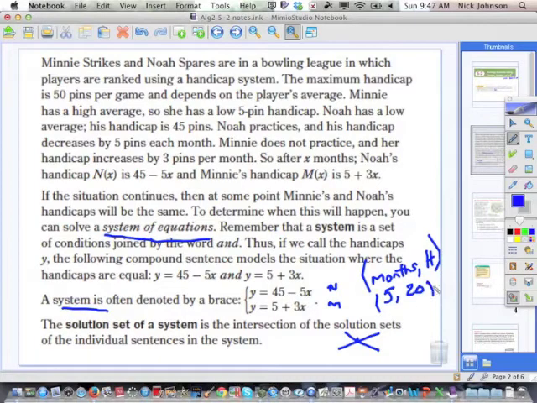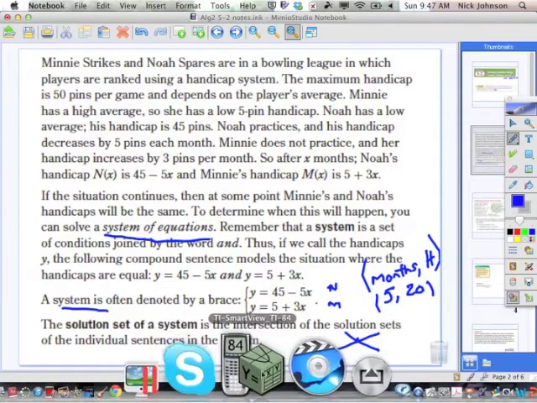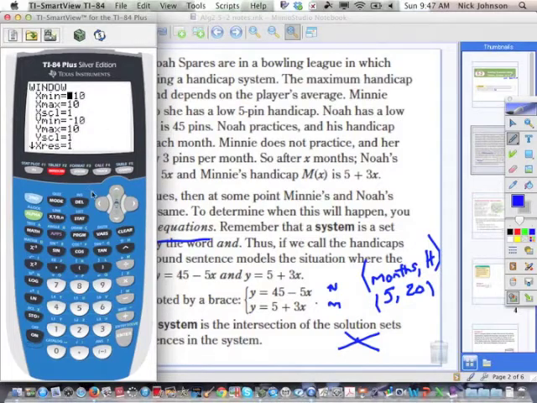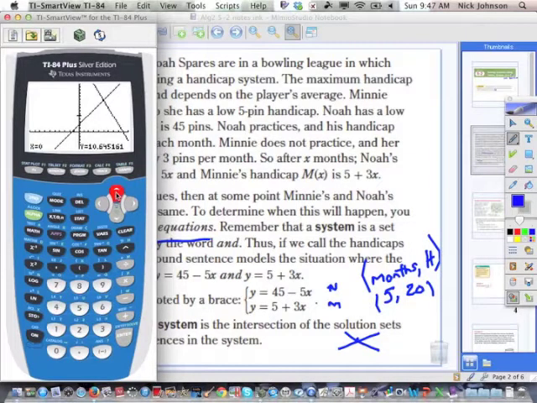Now, let's look and see if my graph tells me the same thing, as it should. But my window's going to have to probably get a little bit bigger because I'm only at negative 10 and they intersect at 20. So I'm going to make this 30 right here. And then I'm going to graph. And as you can see, they intersect.